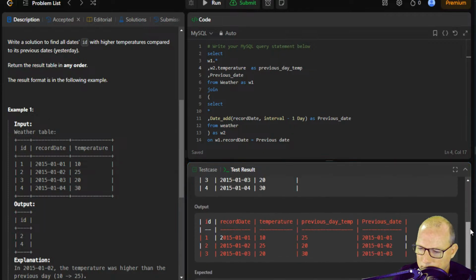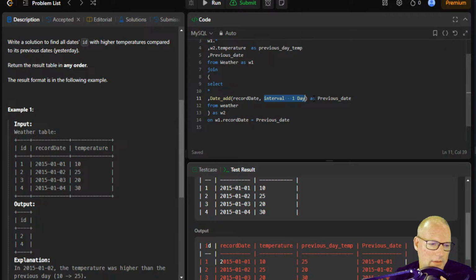So here we are. Everything's looking good so far. So I've filtered because I have previous day temperature. I'm handling this because we looked at lag as our first solution, but the only problem with that is the data was missing dates. So lag only looks back at the available data.